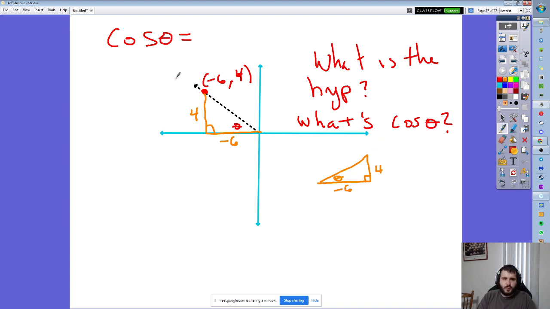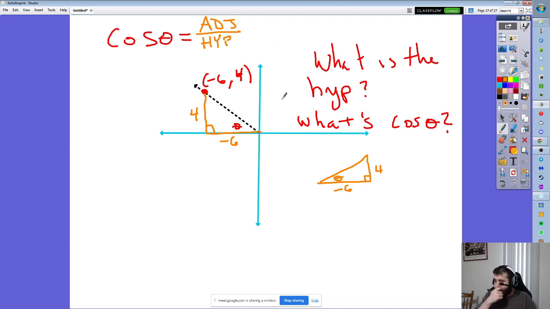So look, we want cosine. Well, cosine is adjacent over hypotenuse. If you notice, we've got the adjacent side, but we don't have the hypotenuse side.